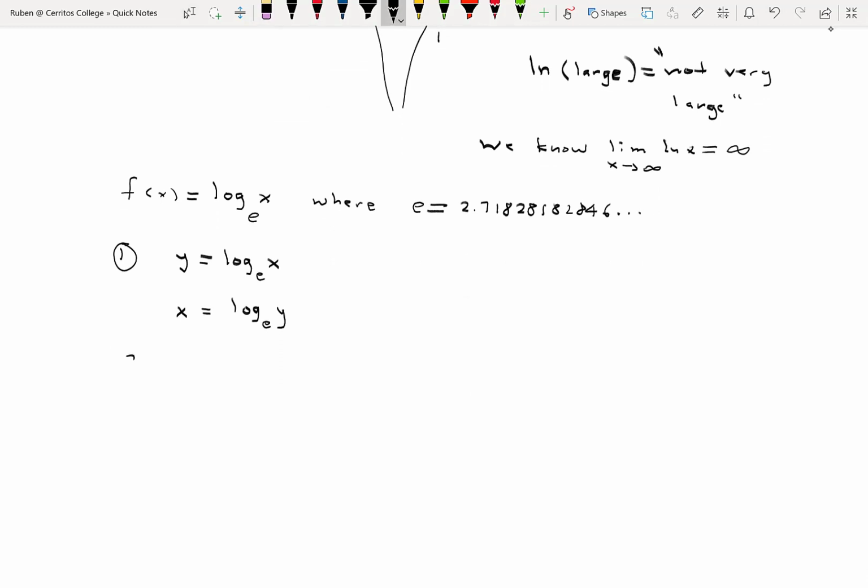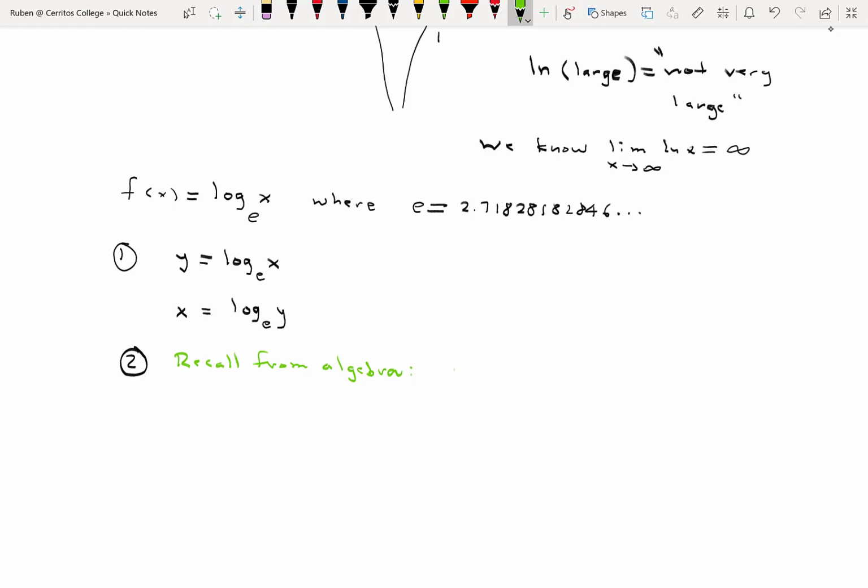In order to solve for y, though, we need to remember the defining property of the logarithm function from pre-calc. So I'm going to switch to green here, and then I'm going to say recall from algebra. So we're taking kind of a side trip here.